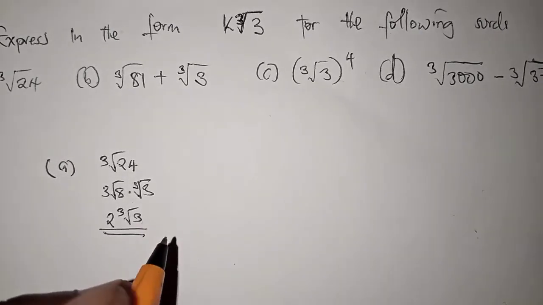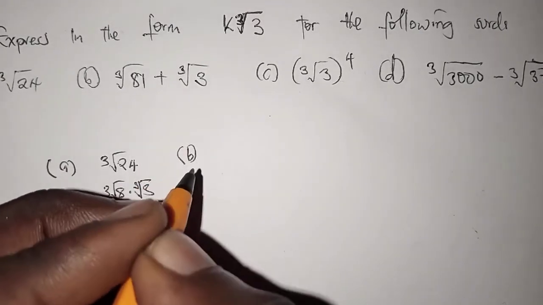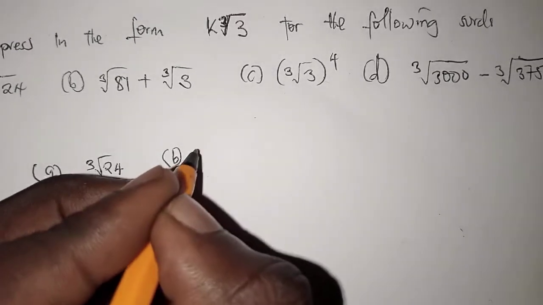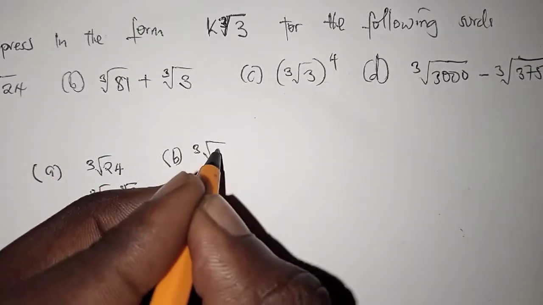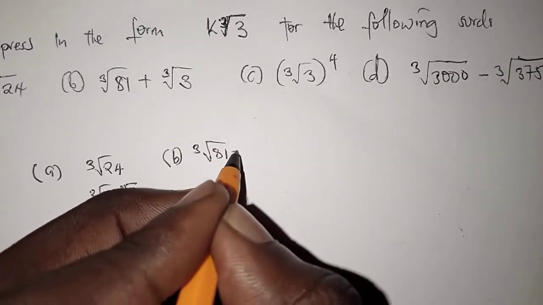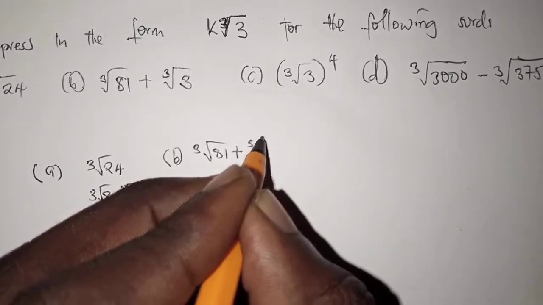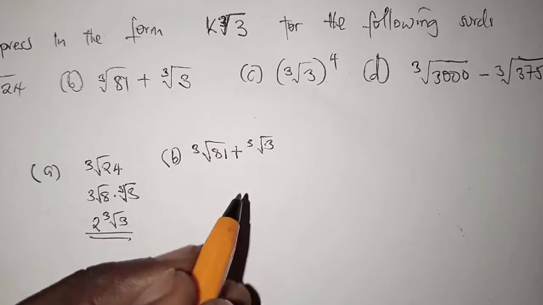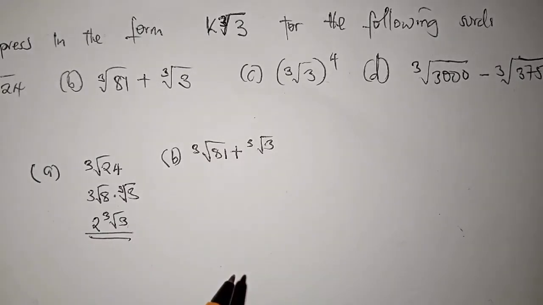So this is simply our final answer. From there, we'll go to b. Now b is giving us the cube root of 81 plus the cube root of 3. So for the cube root of 81, we have to look for two surds which will give us a product of the cube root of 81.